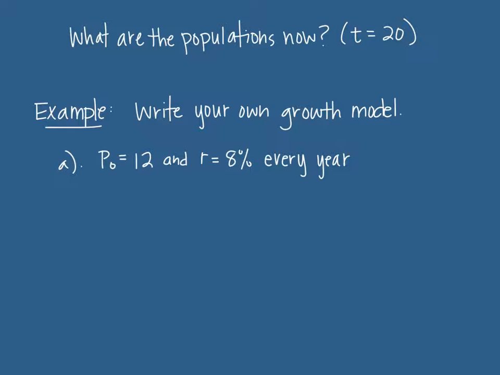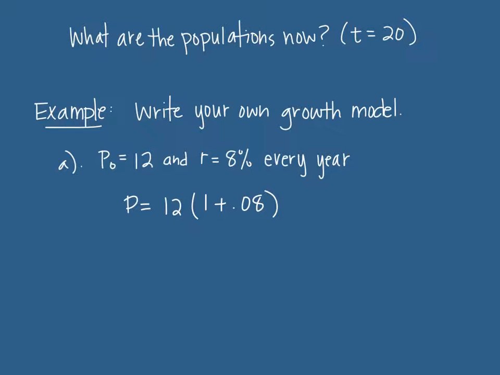Okay, and so using our equation for our growth model, you're going to put those numbers in and be able to come up with a growth model. So your growth model should start P equals. So we know P sub 0, which is the original amount, is 12. In parentheses, we're going to put 1, and this is an 8% growth rate, so this is plus 0.08, so it's a positive growth rate, not negative.